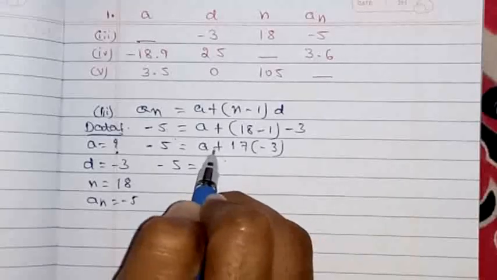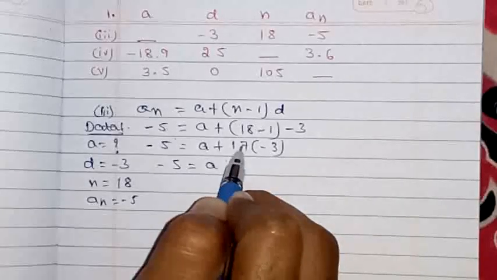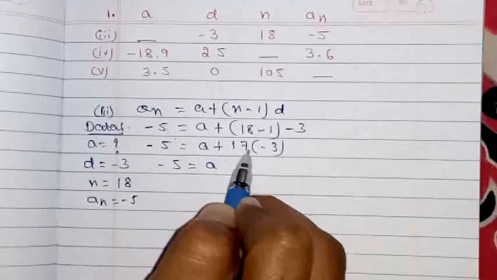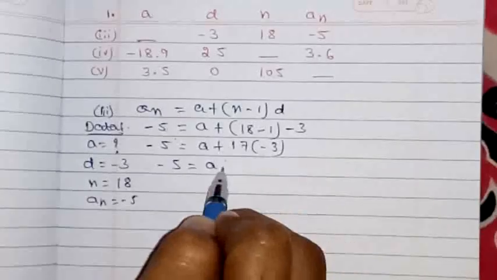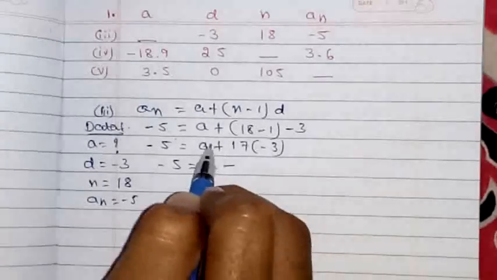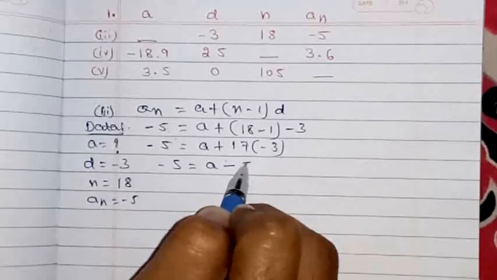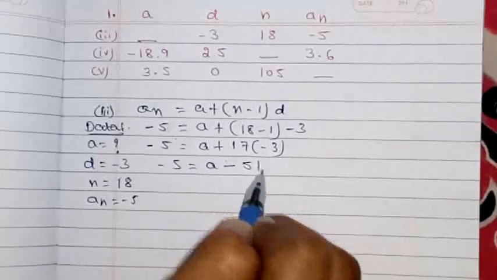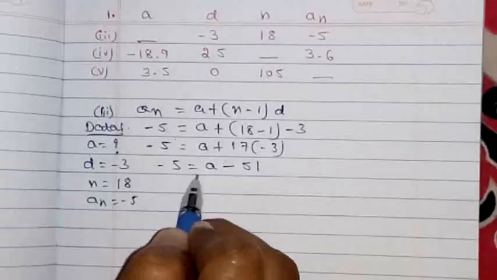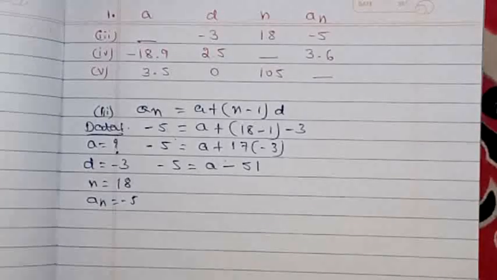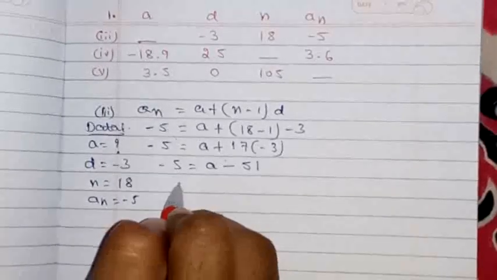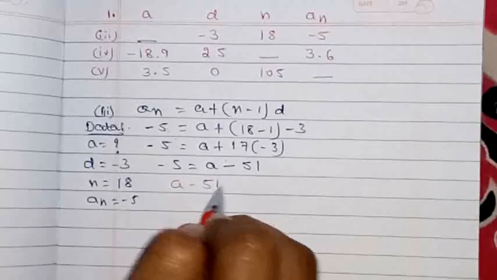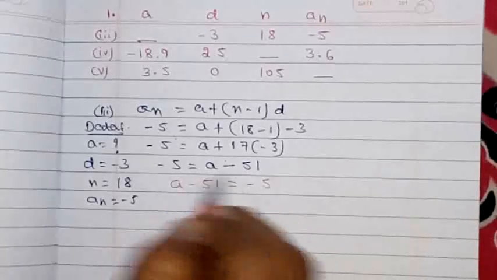Now here you need to multiply the numbers and also the symbols. Plus into minus is minus. So 17 times 3 is 51. Now I'll interchange this, so a minus 51 is equal to -5.